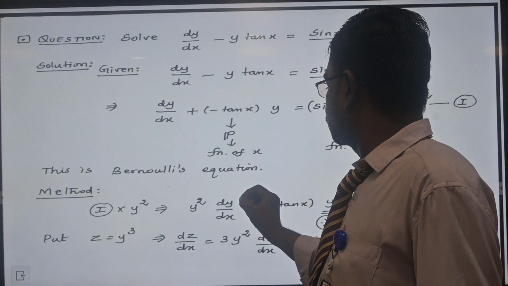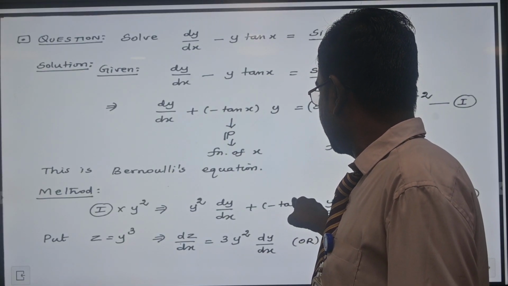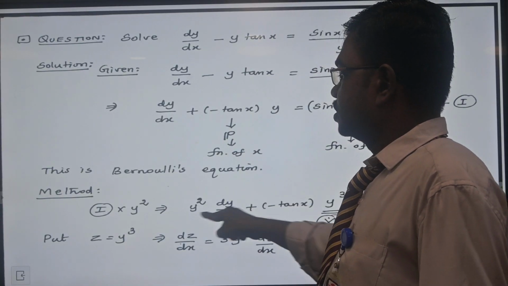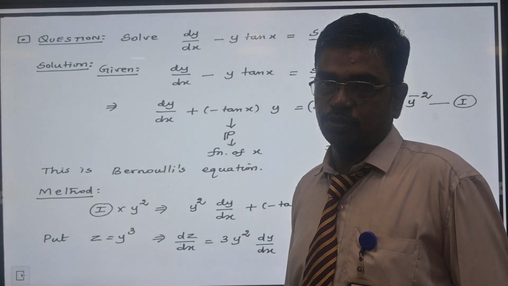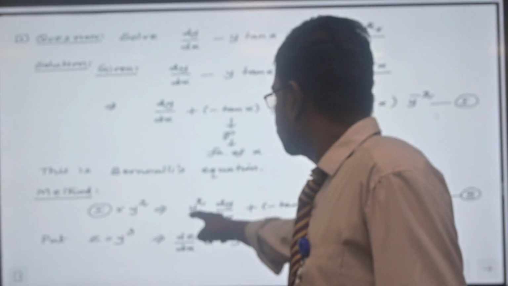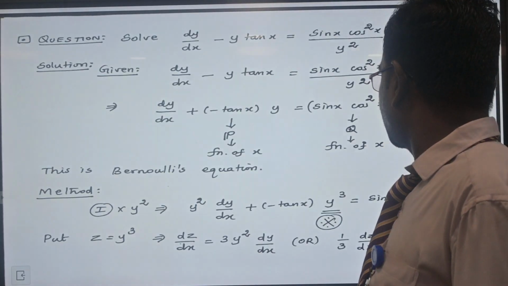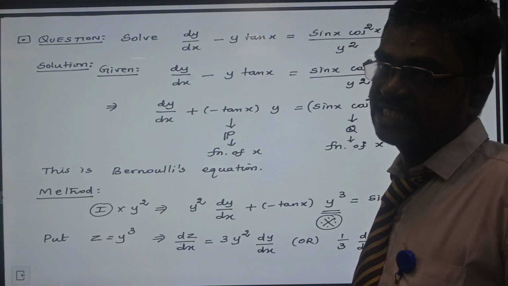So what is the substitution here? Compulsorily, take the coefficient of p, that is y cube. So I will take z equal to y cube. Differentiating, dz by dx, and then we can substitute y square dy by dx. From this concept, y square dy by dx equals 1 by 3 dz by dx.